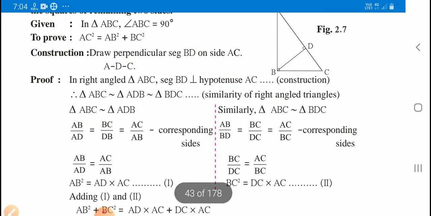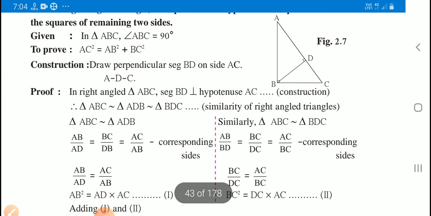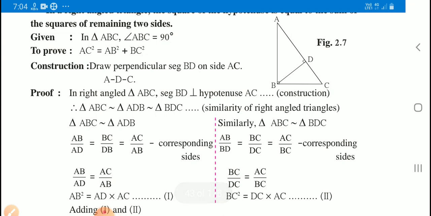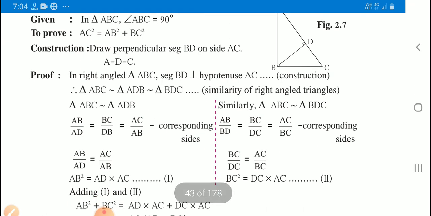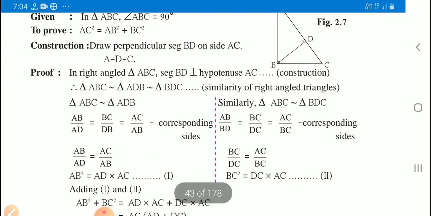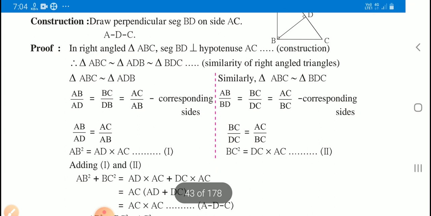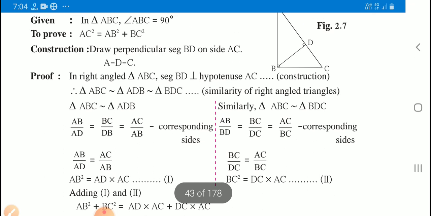If triangle ABC is similar with triangle ADB, then the corresponding sides are in proportion: AB upon AD is equal to BC upon DB is equal to AC upon AB. We take AB upon AD is equal to AC upon AB. So AB square is equal to AD into AC by cross multiplication.